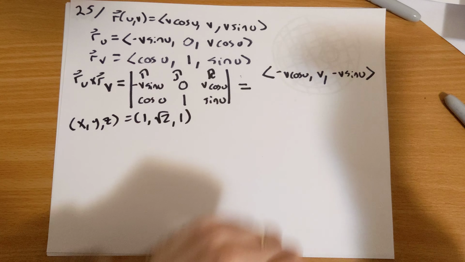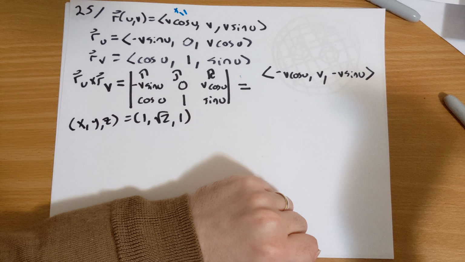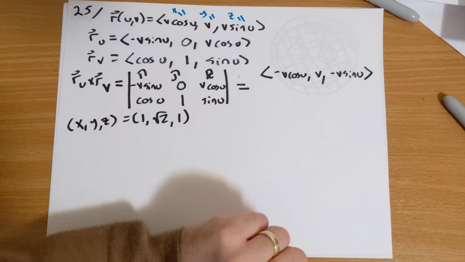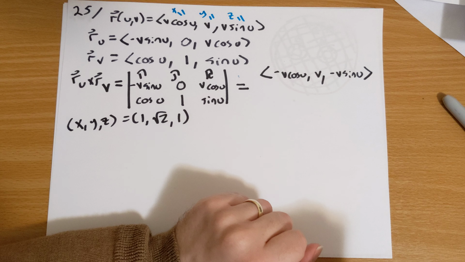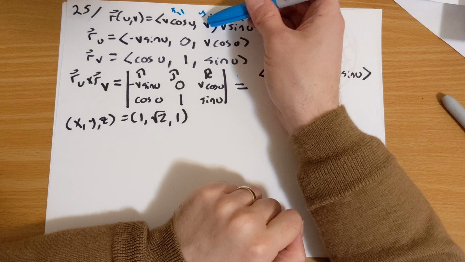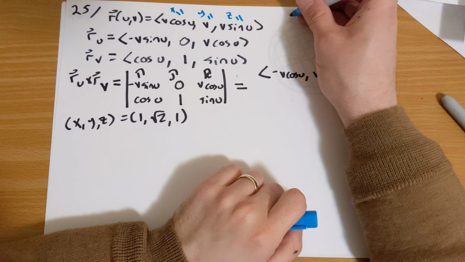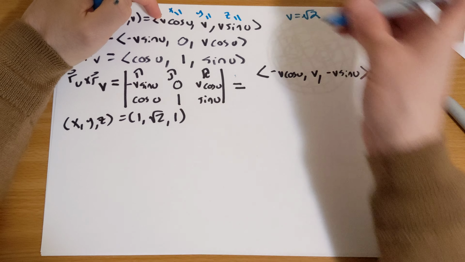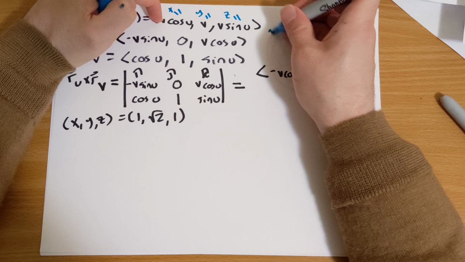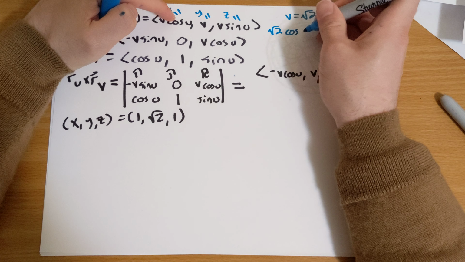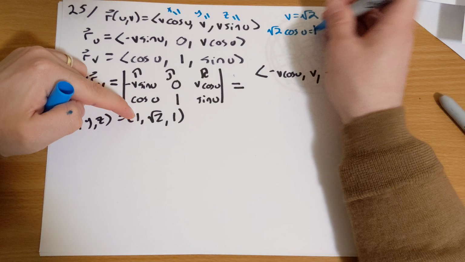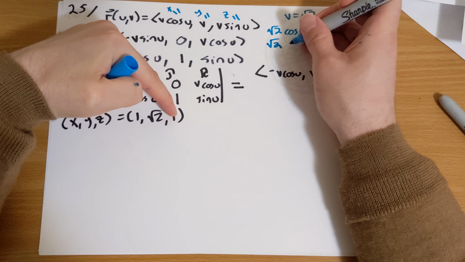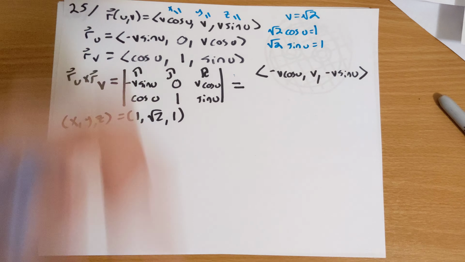So really, x is given by v cosine u, y is given by v, z is given by v sine u in our parametrization. So we can tell here y has to be square root 2, so that just gives us v is square root 2. And then for x and z, v is square root 2, then cosine u needs to equal 1 over square root 2, and sine u also needs to equal 1 over square root 2.